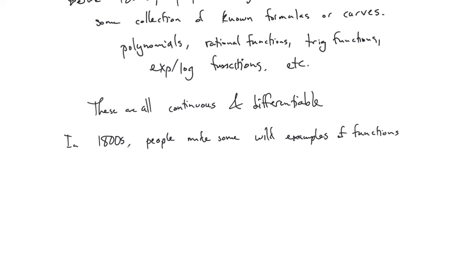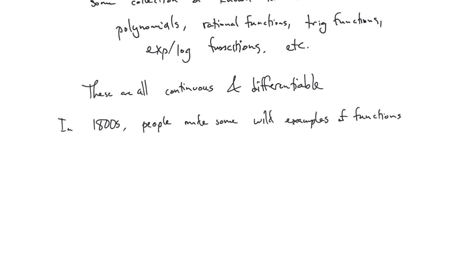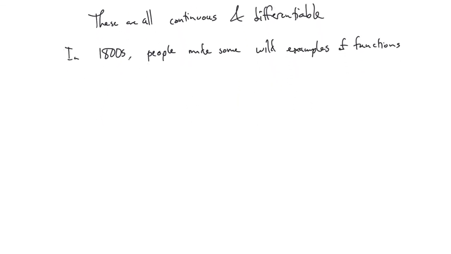The first one, they're both pretty wild. The first one is easier to describe. The first one is called the Dirichlet function. Dirichlet is the person's name, Dirichlet or Dirichlet, I hear it both ways. It is this.